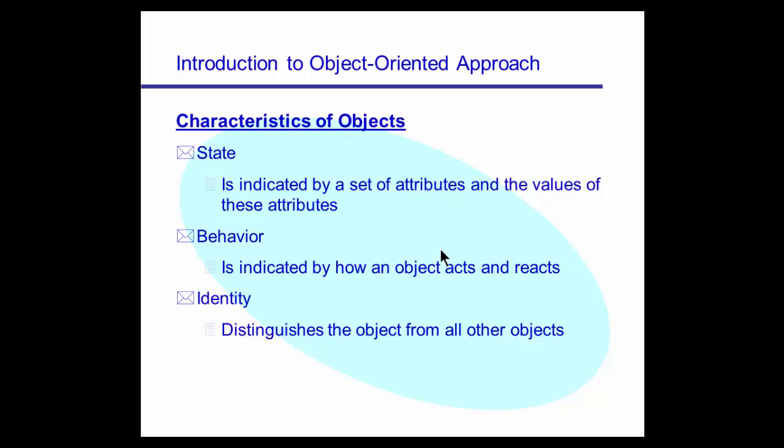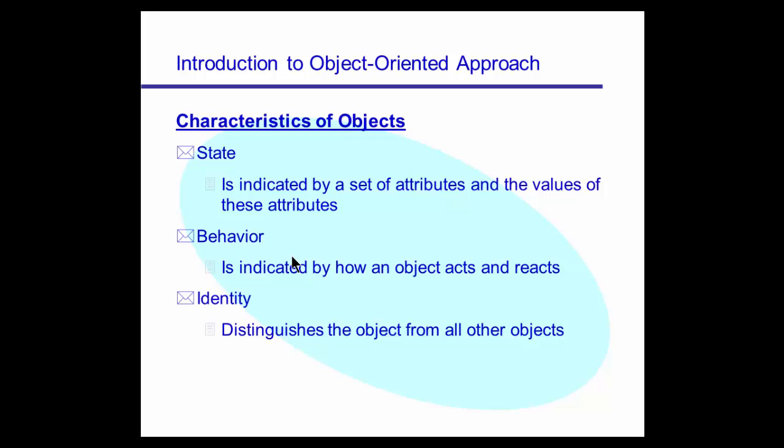Then we have behavior, another characteristic. Behavior indicates how an object acts and reacts. Every behavior is stated by the actions and reactions performed by the object. An object comprises a set of attributes, which is known as state, and behavior is the operations performed on those attributes, taking the values from those attributes and performing some operations.